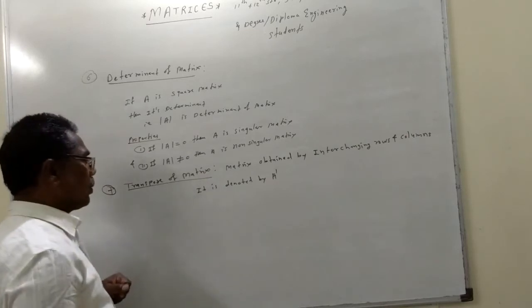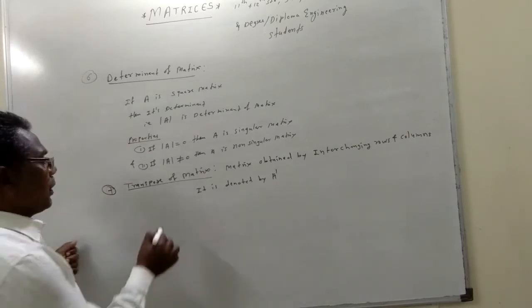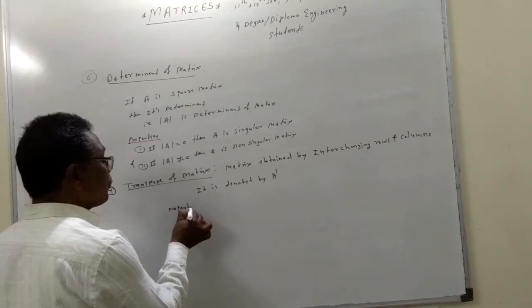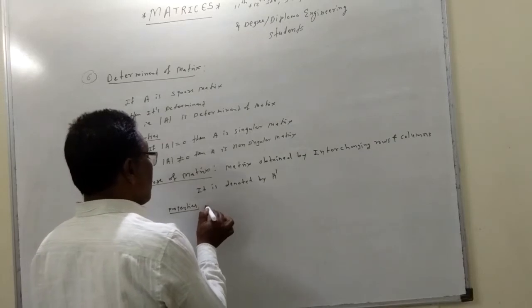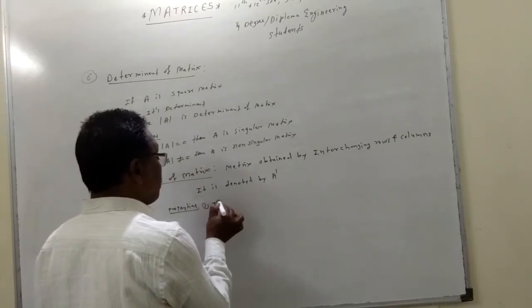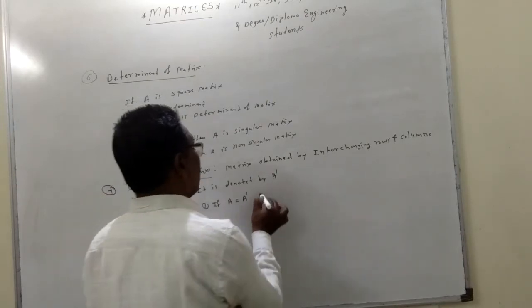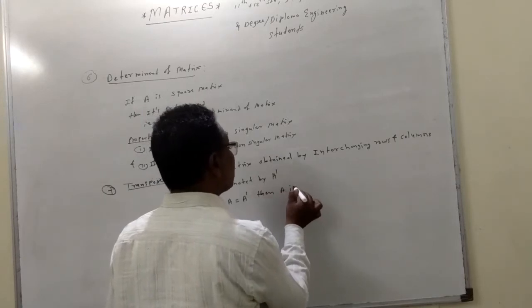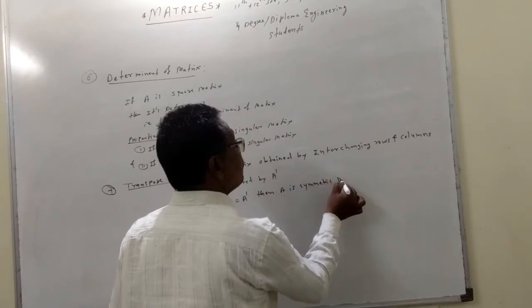Now from this transpose we are getting two types of matrices. Properties: if A is equal to A transpose, then A is a symmetric matrix.